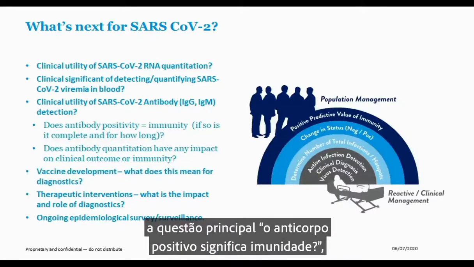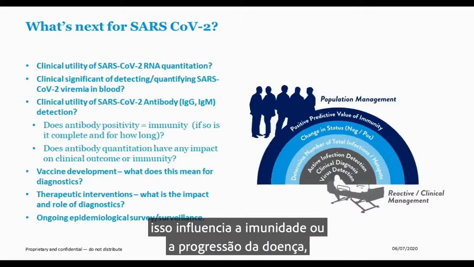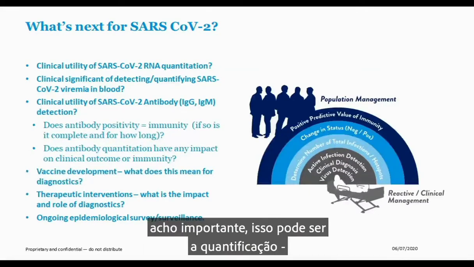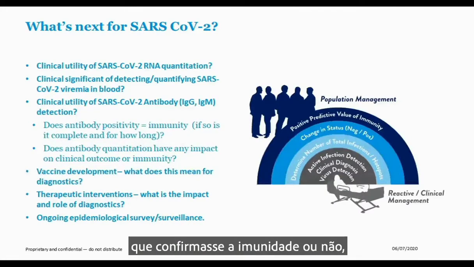From the serology perspective, the key question: does antibody positivity equal immunity? Does how much antibody is present influence immunity or disease progression, clinical outcomes? When vaccines are developed, I think quantitation could become extremely important if we look at hepatitis and other vaccines, where we need to know if the vaccine has elicited a response that would confer immunity or not.